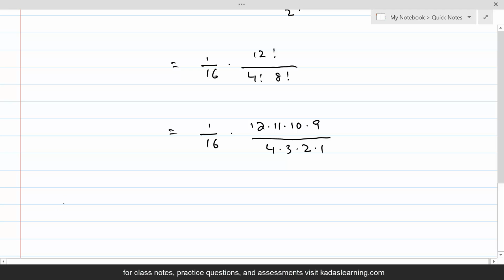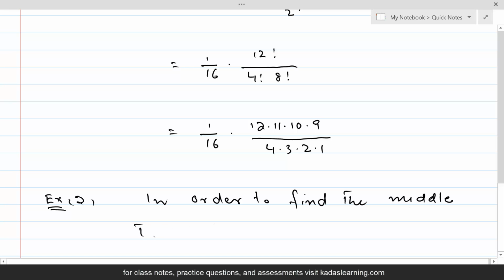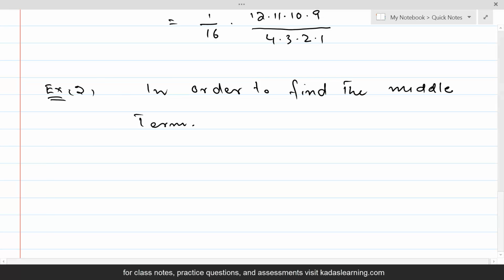And now we want to find the middle term. Example 2. In order to find the middle term, we actually look at the index.